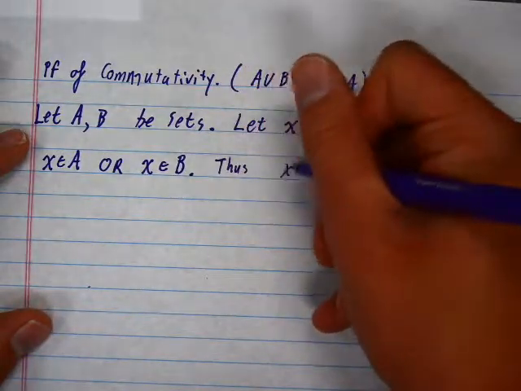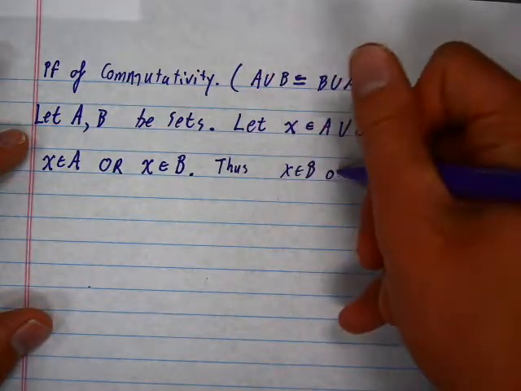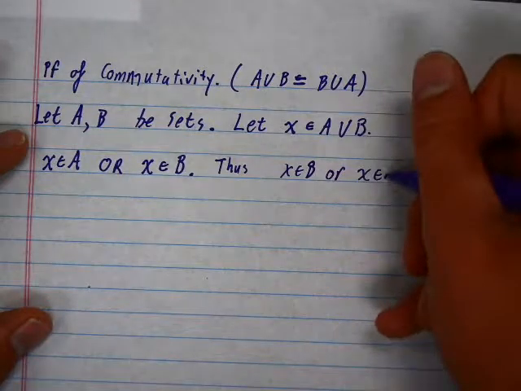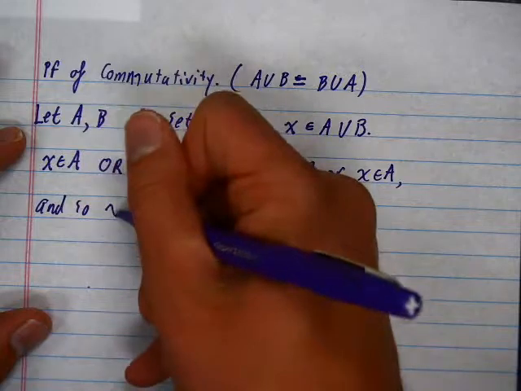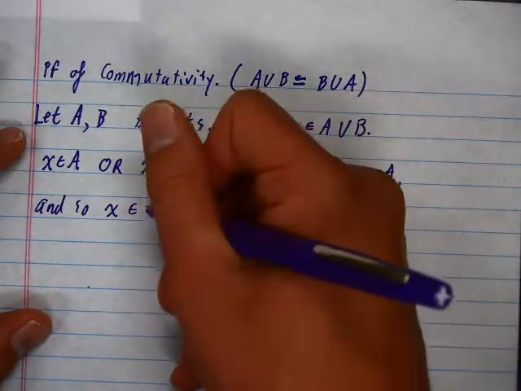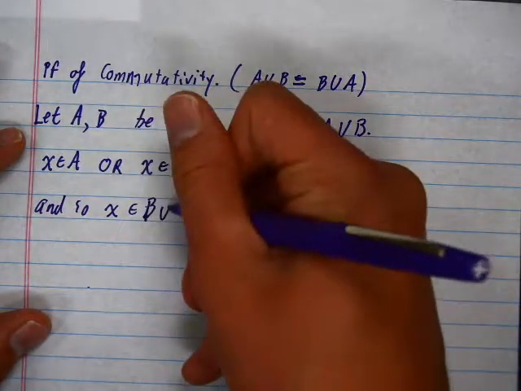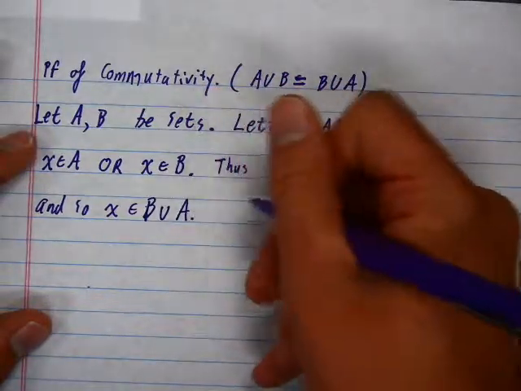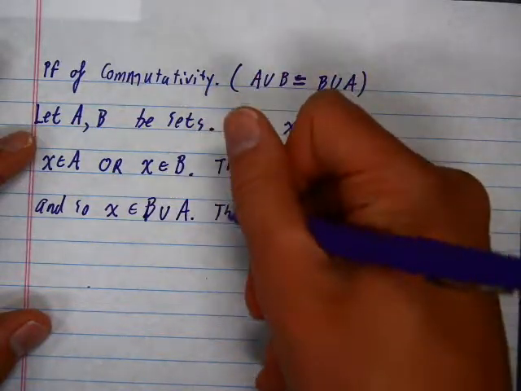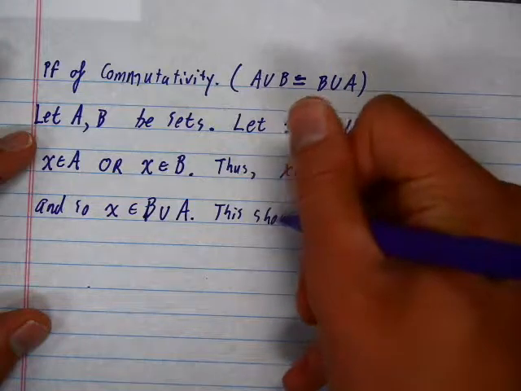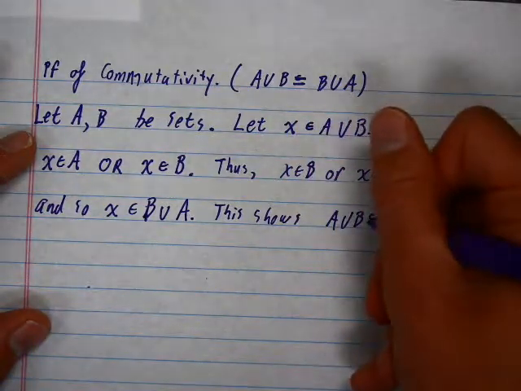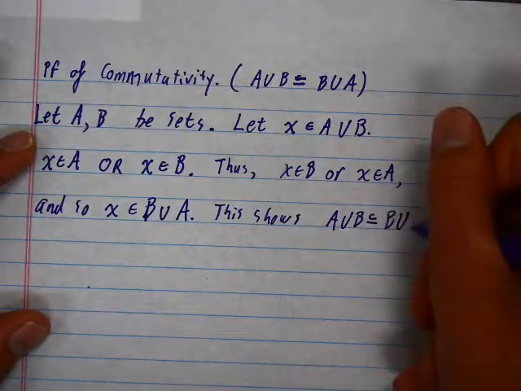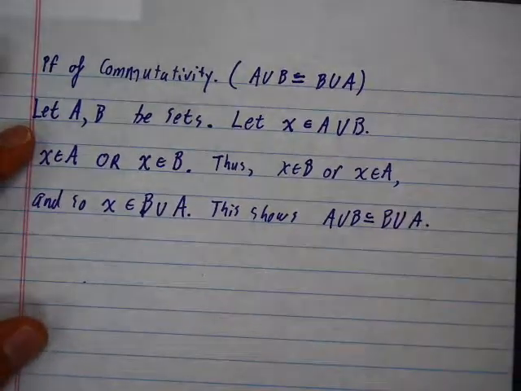Thus, x is in B or x is in A, and so x is in B union A. This shows A union B is contained in B union A. And in fact, I think I'm going to lie even harder.